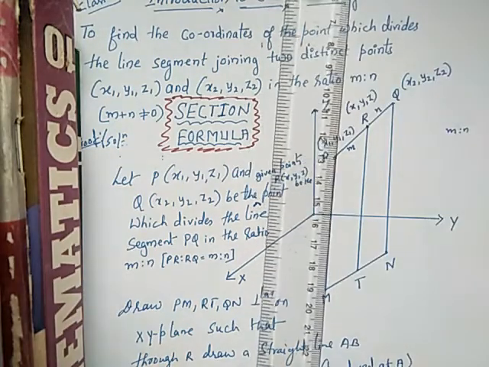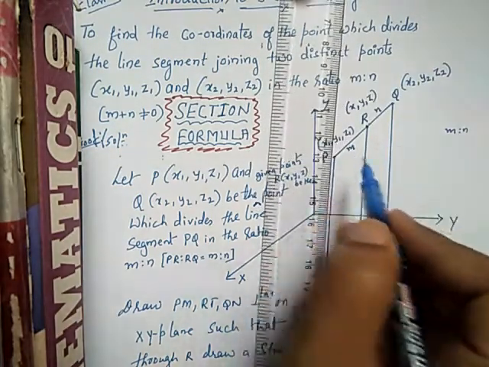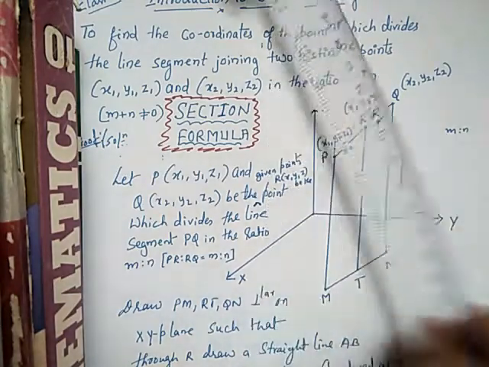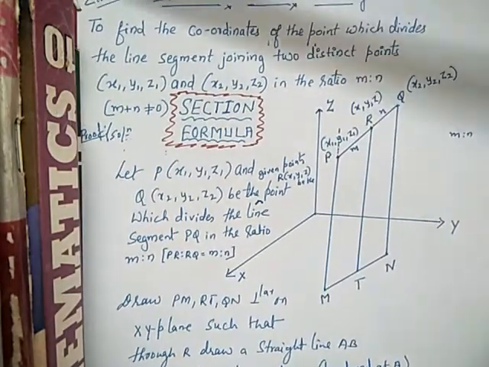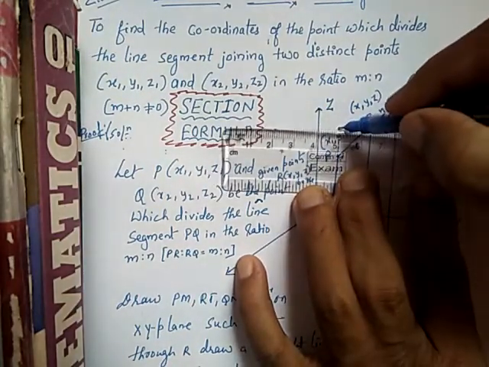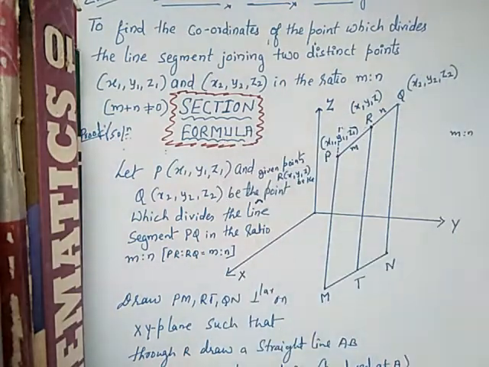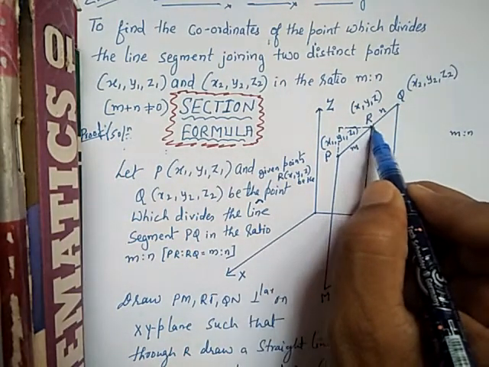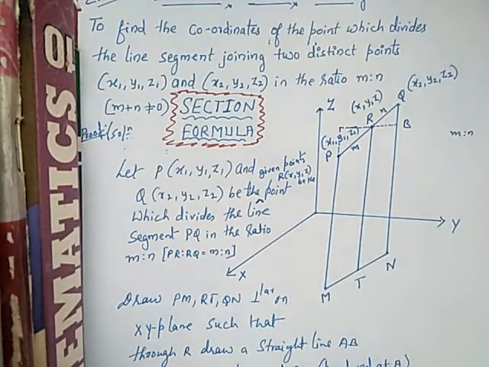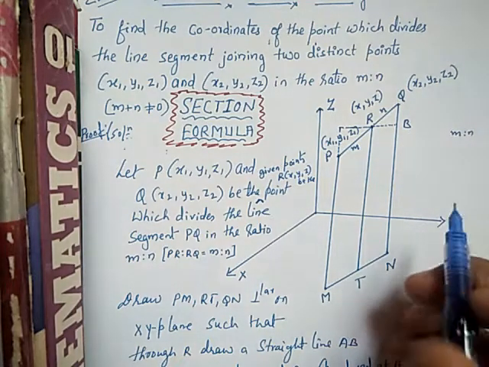You can produce it from P up to here so that it is going to meet like this. It is going to pass through R and intersect at B here. So you can take it as B.